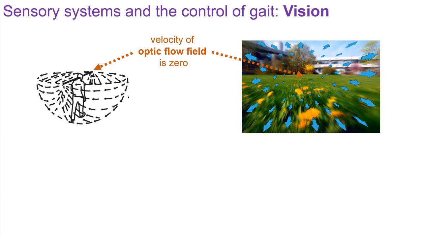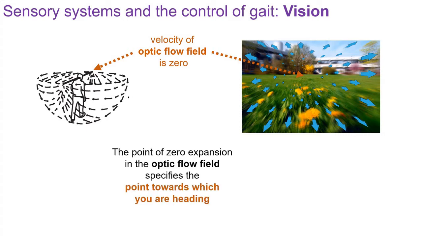In both of these representations of the optic flow field that we were discussing a couple of slides ago, there's a point where we can see no optical motion occurring. These points in these optic flow fields are points where the velocity of optical motion is zero.